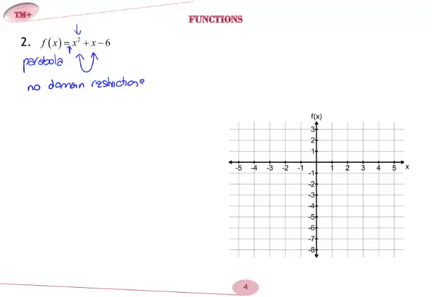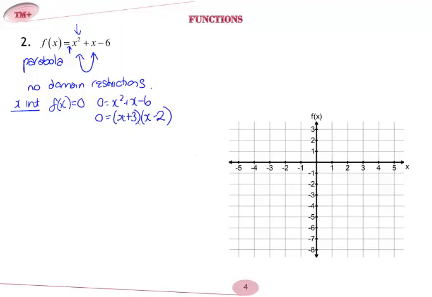Now for critical points, I can work out the x and y intercepts. The x-intercepts are when f(x) equals 0, so 0 = x² + x - 6. I can do the quadratic formula or factorize. To factorize, I get (x + 3)(x - 2).